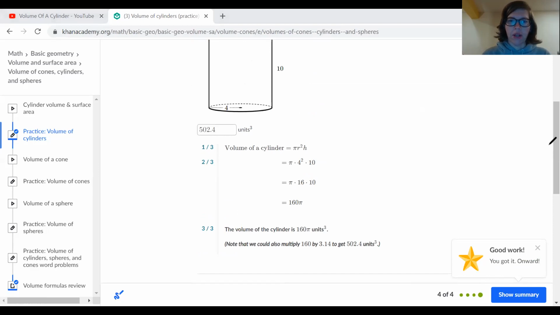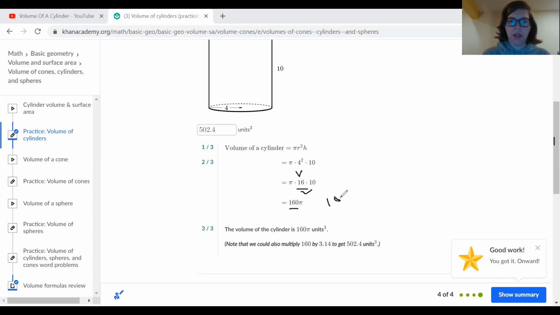All right, so here we go. We've got our formula, pi r squared times h, and in this case, the radius is 4. So 4 squared should give you 16, right? The height was 10, right? And 16 times 10 should give you 160, and then 160 times pi.